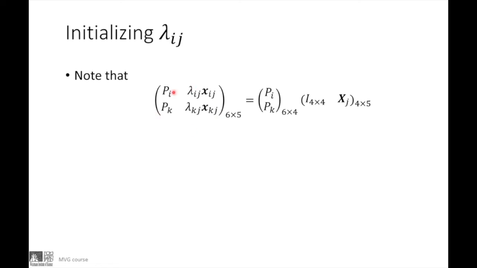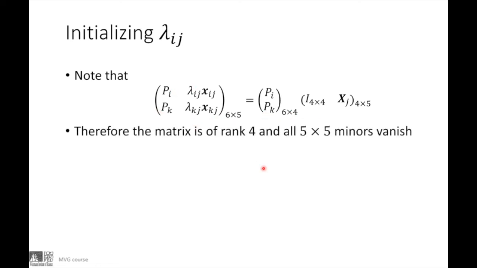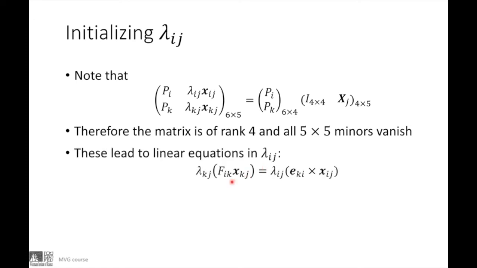This 6 by 5 matrix is of rank 4. If it's of rank 4, it means that if we take any 5 by 5 submatrix, it still has 0 determinant. It's not full rank, right? It cannot be full rank. So the 5 by 5 minors vanish. If I write these 5 by 5 minors, I get a system of equations.